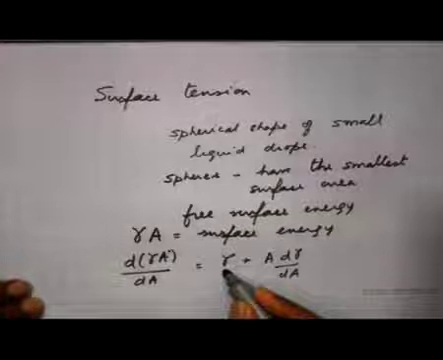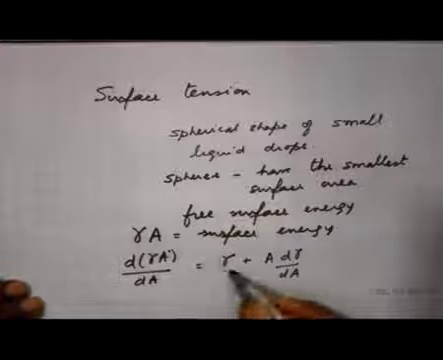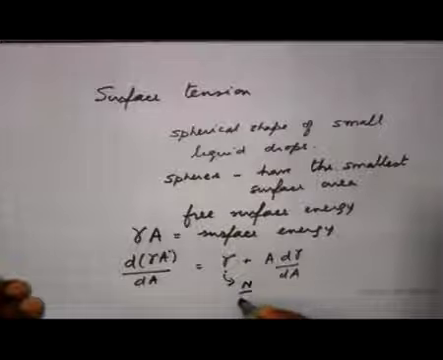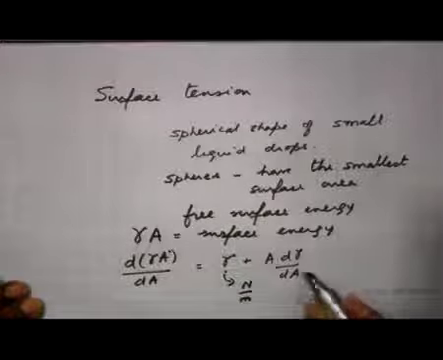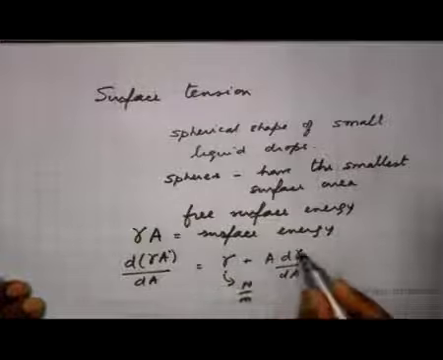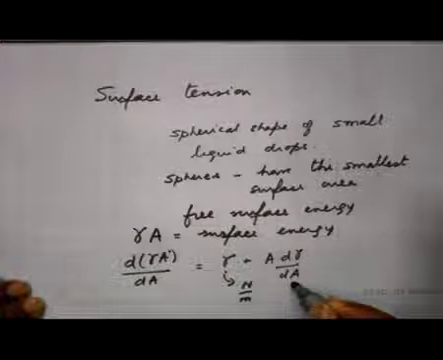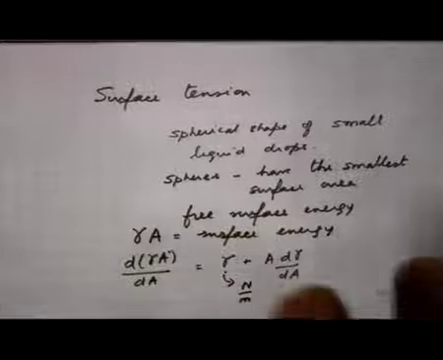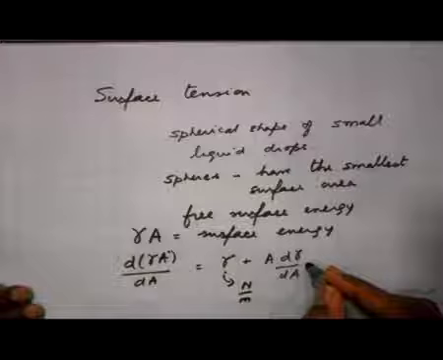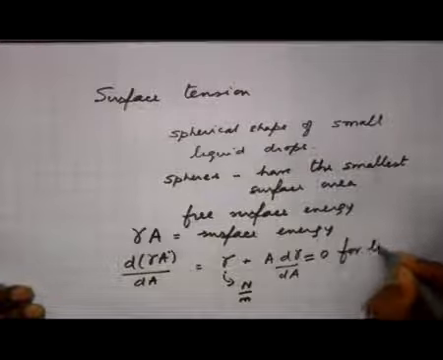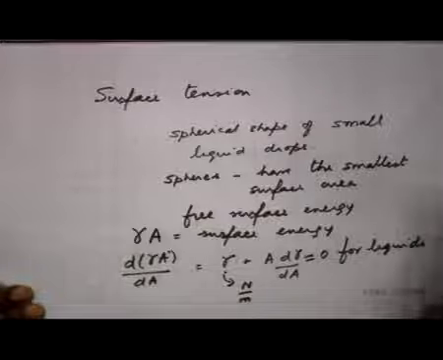This is the surface energy, which will have units of Newton per meter, and then I have a term involving how the surface energy varies with the area. But we know that for liquids, no matter what the liquid is, this thing does not change. So, this is equal to 0 for liquids, because it retains its shape, right.